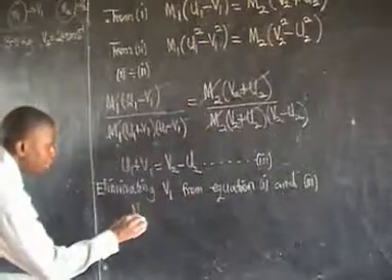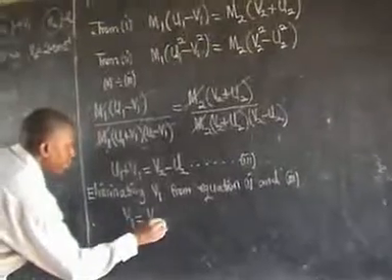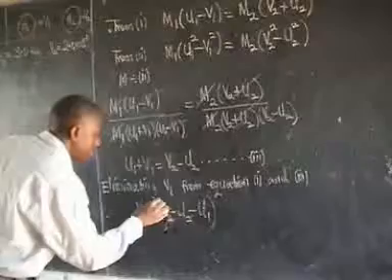So we shall have v1 is equal to v2 minus u2 minus u1.